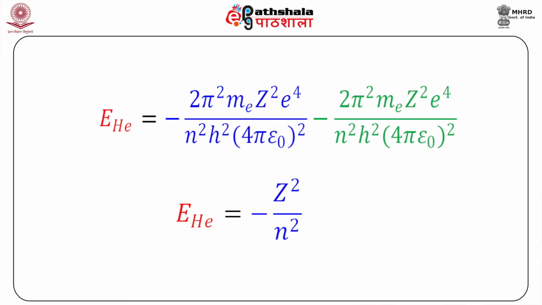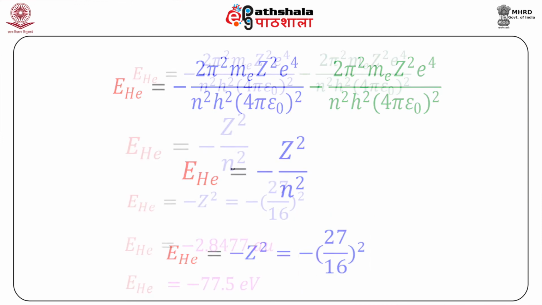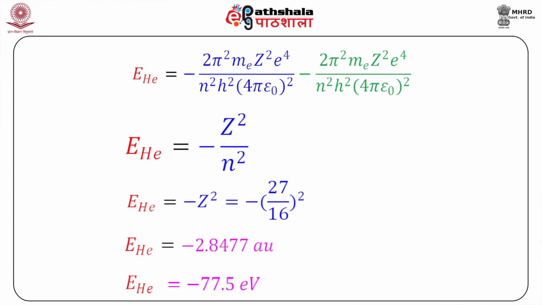Now substituting the value of Z minimum from equation 18, that is 27 by 16, into equation 20 gives us equation 21. That is, the approximate energy for helium is obtained as minus 2.8477 atomic units AU, or in electron volts as minus 77.5 electron volt.